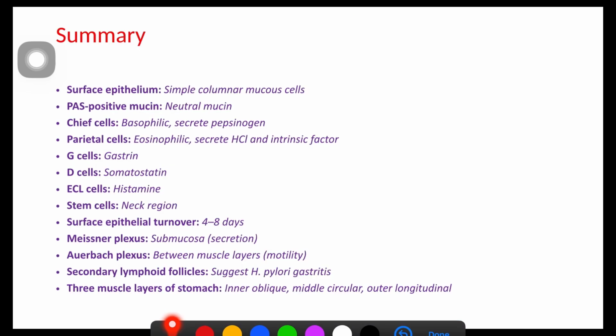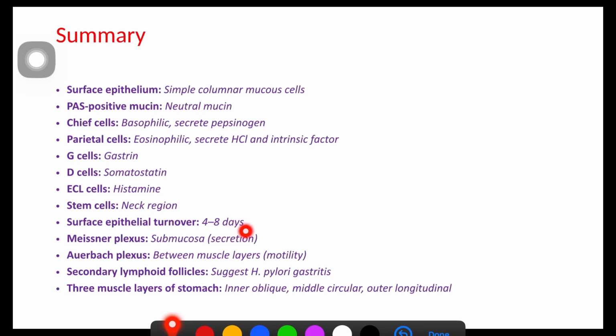So, summary: surface epithelium is simple columnar mucous cells, PAS positive neutral mucin is there. Chief cells secrete pepsinogen; parietal cells, which are eosinophilic, secrete HCl and intrinsic factor. G cell, gastrin; D cell, somatostatin; ECL, histamine; next, stem cells.